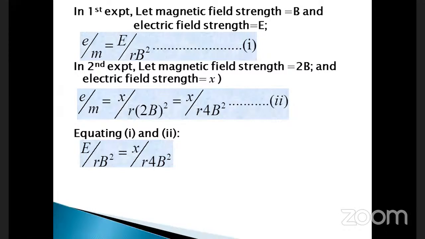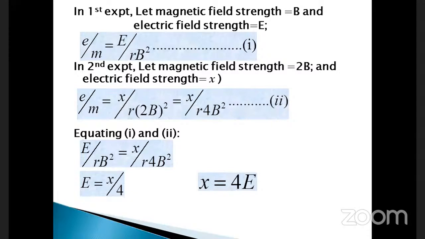Now we can begin to remove some things. B squared will go, R will go. So we'll end up with E equals X over 4, such that X will be 4E.